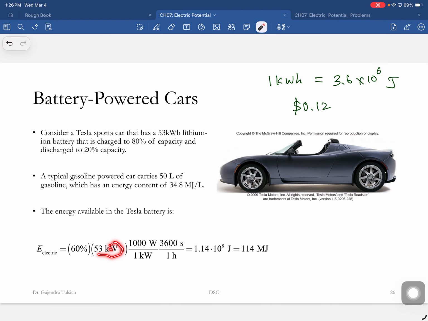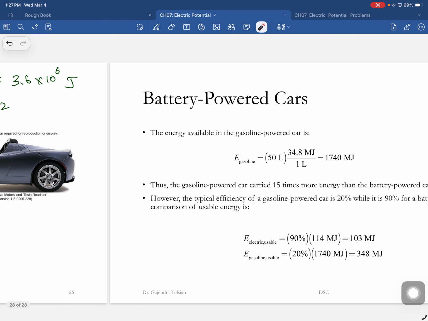When you charge this battery completely, it's about 50 times that, 100 times that, you're storing about $6 worth of electricity. If you use up 60% of that, you get 114 megajoules of energy. That's what that is saying.